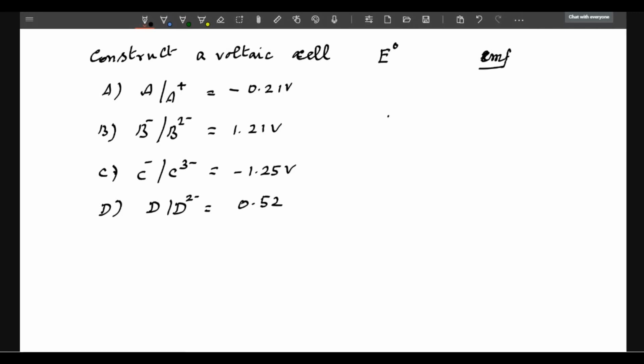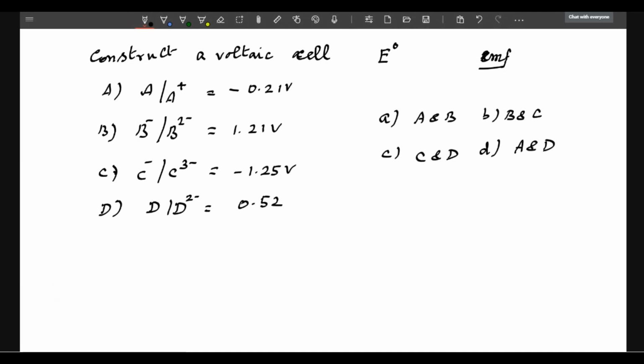For the second question, the options are A and B combination, B and C combination, C and D combination, and A and D combination.